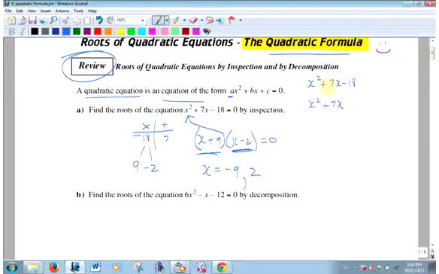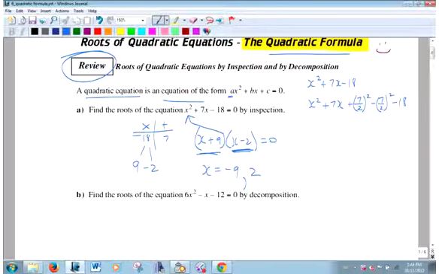I got nothing to factor out of the first 2, right? Because A's 1, positive 1, right? But what's my next step? What can I write here so I can complete the square? Half of 7. I got to square that, add it, and subtract it. And I still have minus 18.